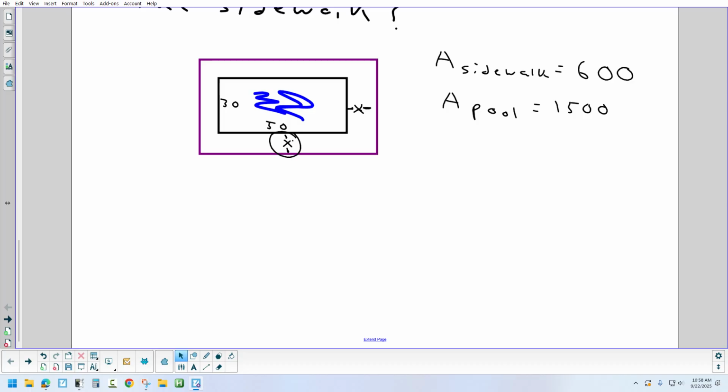So if we wanted to have something that represents just the sidewalk, you'd have to take the big rectangle and take away or cut out the pool. So what operation in math do you think means to cut the pool out? Yeah, we're going to subtract out the pool.